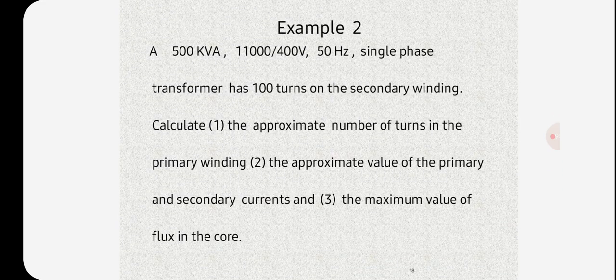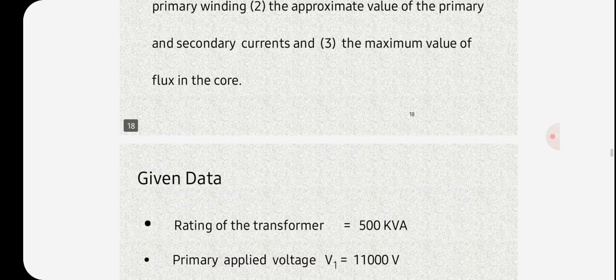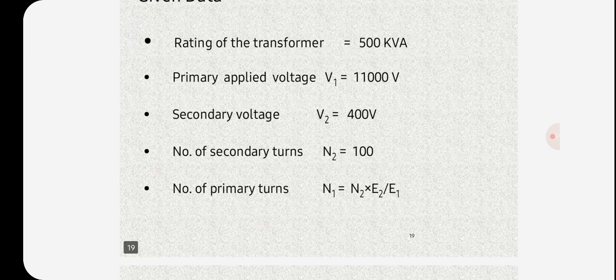Here the first question is the approximate number of turns in the primary winding. So here we need to calculate N1, the approximate value of the primary and secondary currents I1 I2, and the maximum value of the flux. So we know the V1 V2 N2.